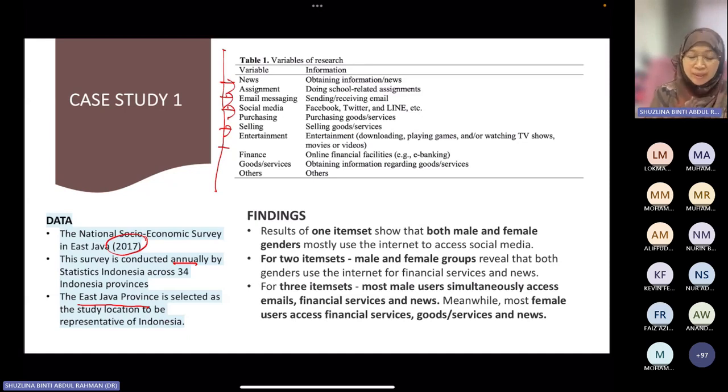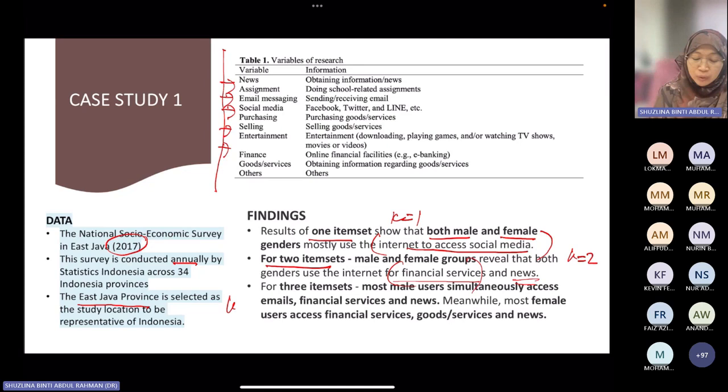So what are the findings? The findings with the one item set showed that both male and female genders mostly use the internet to access social media. This is with K equal to 1. For the two item set, K equal to 2, they found that both genders use the internet for financial services and news. There are some other services, but these two appear to be associated with the male and female groups.